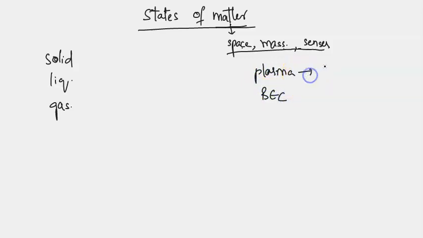Plasma state occurs at very high temperatures, and Bose-Einstein condensate state occurs at very low temperatures. So at room temperature, at reasonably high temperatures, we can see only solid, liquid, gas physical states. In this particular chapter, we're going to learn mainly about gases and liquids.